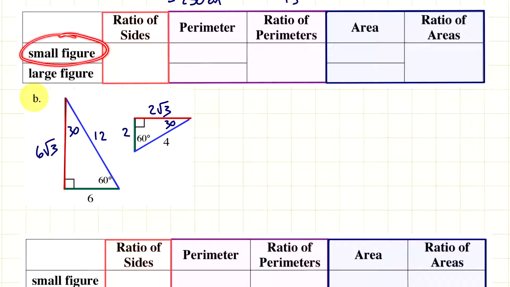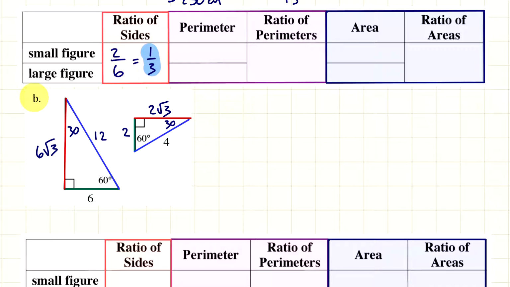We're starting with the small figure on top, so the small figure would have a 2, and the large figure is going to have a 6. Does that reduce? Of course it does. So this reduces to 1 over 3. So we figured out the ratio of sides.